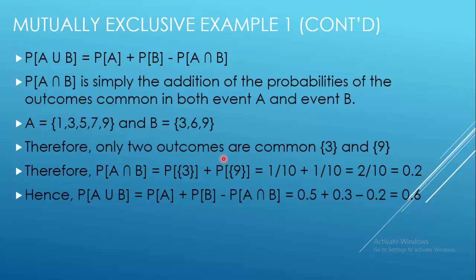Therefore the probability of A intersection B is equal to the probability of 3 plus the probability of 9, which is 0.2. So the probability of A union B is equal to 0.5 plus 0.3 minus 0.2, where 0.5 is the probability of A, 0.3 is the probability of B, and 0.2 is the probability of A intersection B. So the total is 0.6.